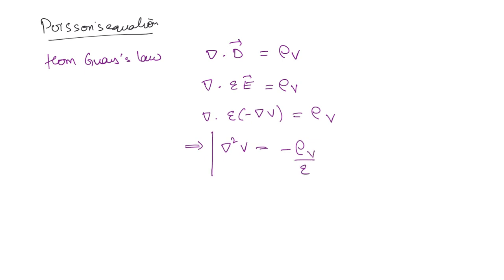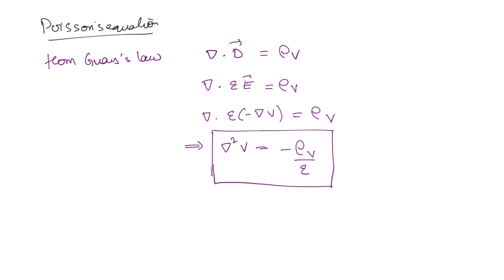Okay, so this is called the Poisson's equation, but one thing you have to remember is here epsilon we have simply taken out of the divergence, right? So this is only possible if epsilon is the same at all points in the region. Okay, so it's basically a constant. So taking it out will not make a difference. So that is how we can get this equation.